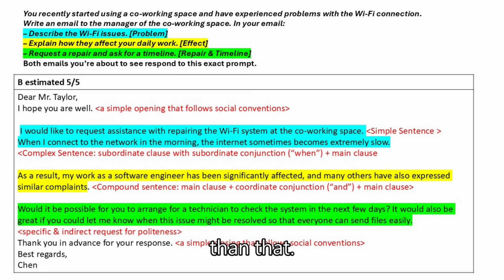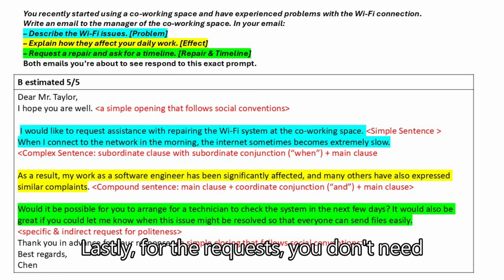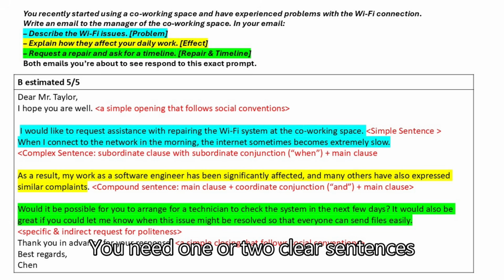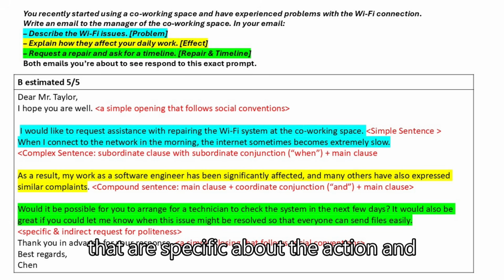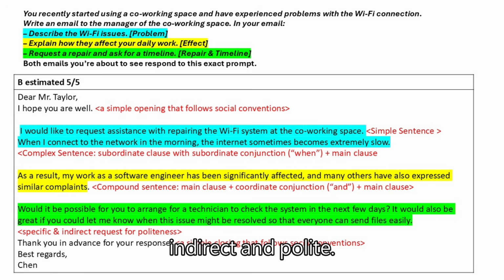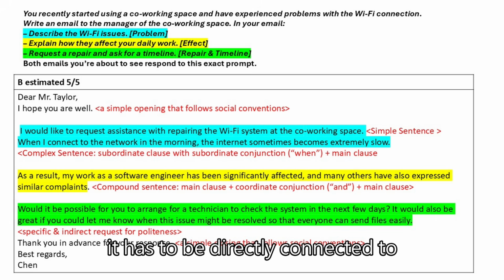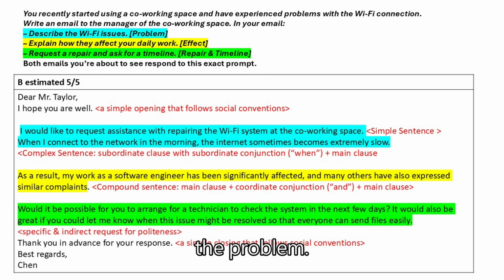But really, you don't need more than that. Lastly, for the requests, you don't need complicated grammar. You need one or two clear sentences that are specific about the action and indirect and polite. And if you add a purpose, it has to be directly connected to the problem.